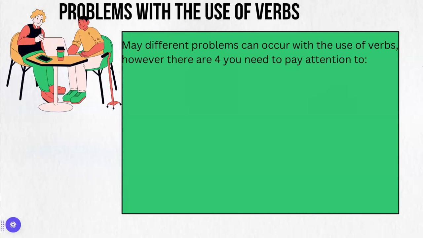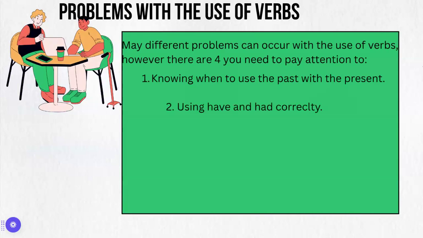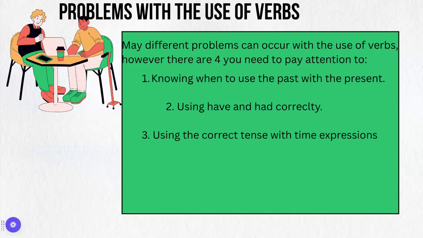However, there are 4 you need to pay attention to: knowing when to use the past with the present, using have and had correctly, using the correct tense with time expressions, and using the correct tense with will and would. Okay? This is what we're going to focus our attention on in the next slides.